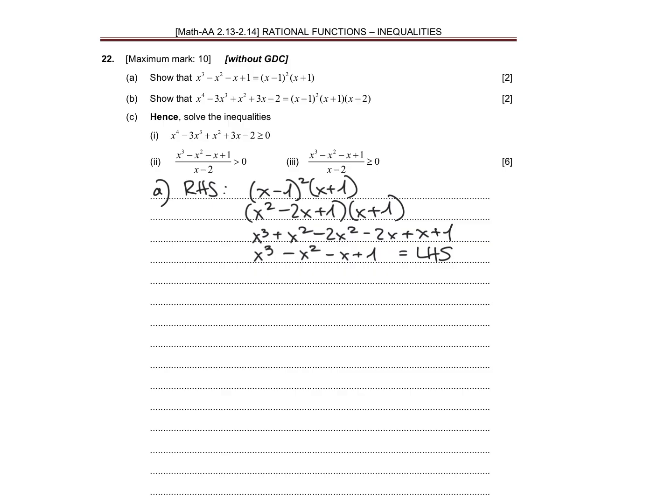So for C then, we have this. Okay, so we have x minus 1 squared, x plus 1, x minus 2 greater than or equal to 0.